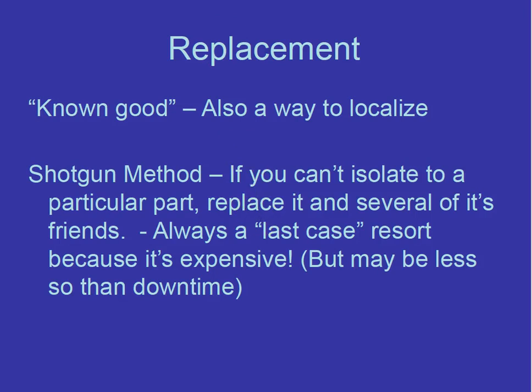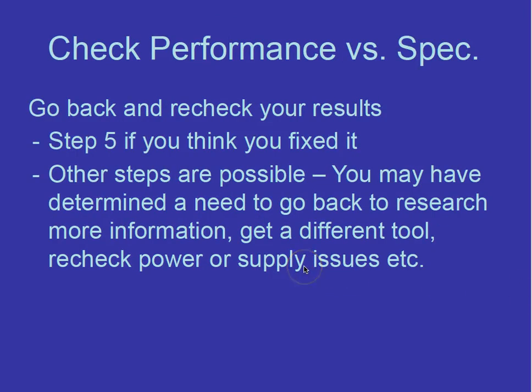So that's the replacement. And then check again the performance versus specification. So go back and recheck your results, what you got after doing all the previous steps, and go to step 5. Step 5 was performance versus specification. Do that, and other steps are possible.